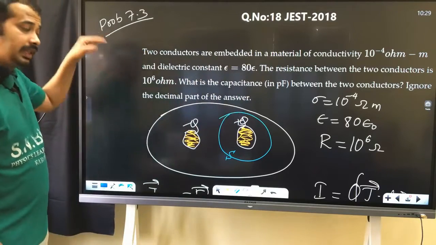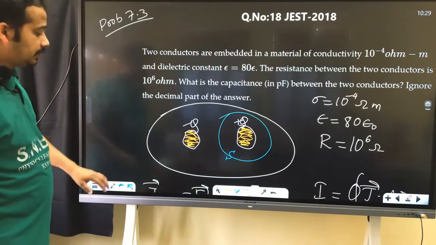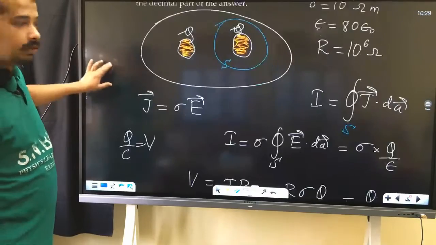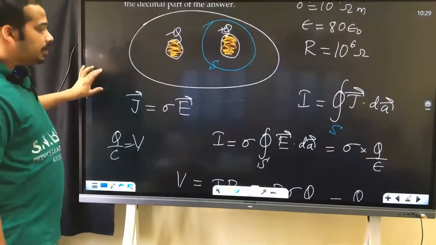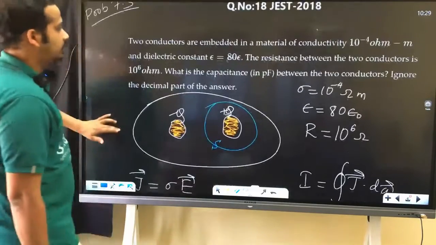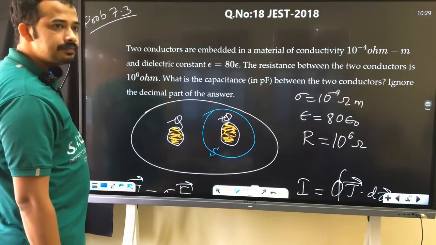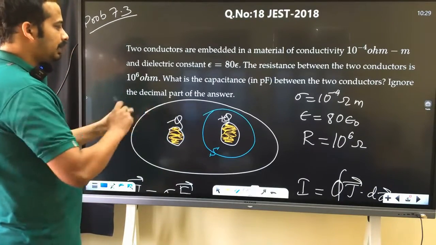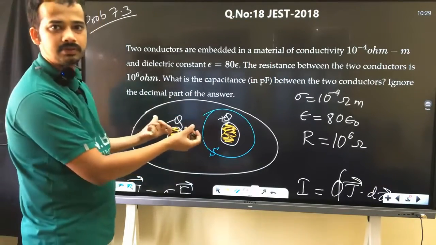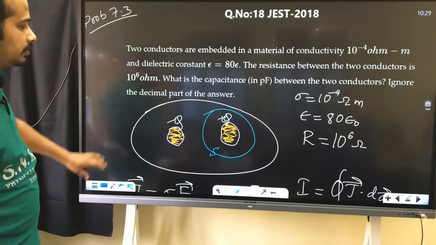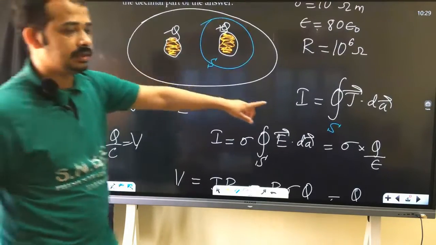The exact same question was asked in the last CSIR NET exam. You start by assuming there are charges on them, which means you maintain some potential difference. Start defining current.